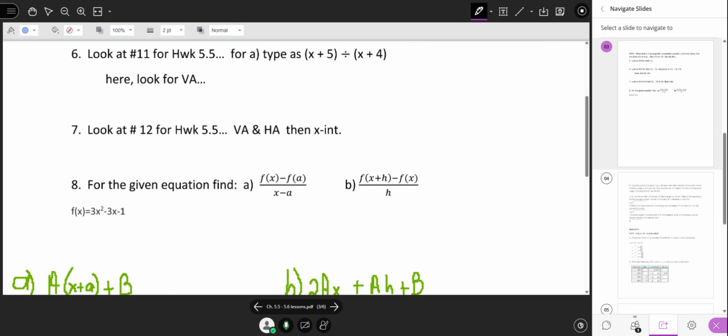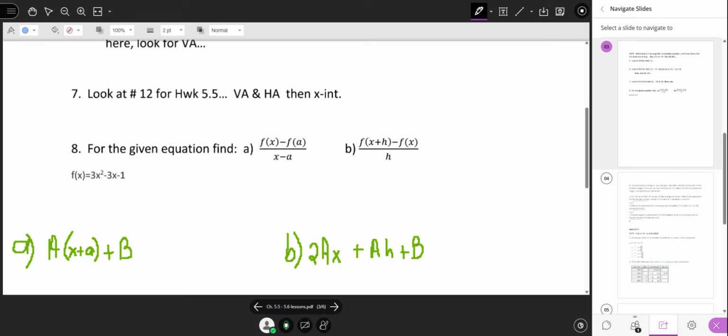Now, as a reminder, the formula when you've got an x squared, the formula for part A is, remember this is A, this is B, this is C, okay?